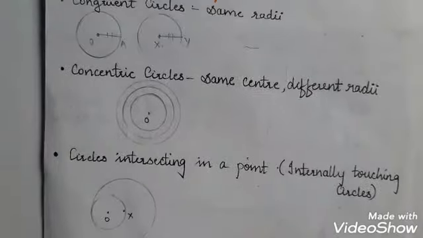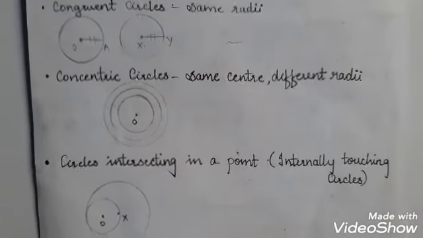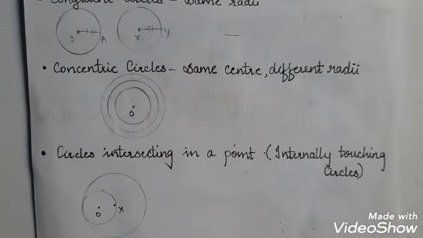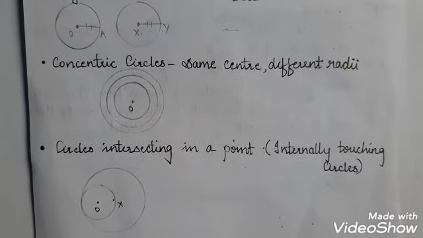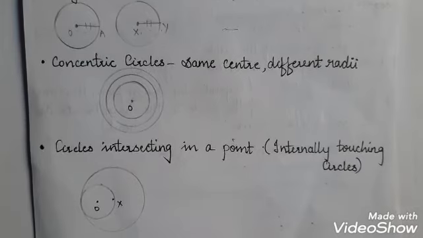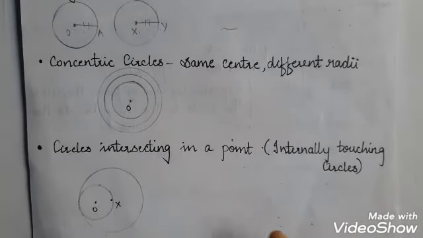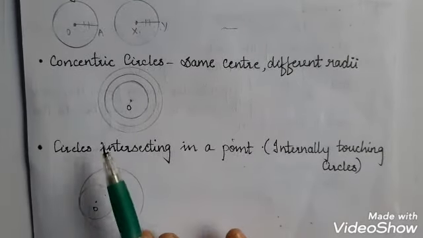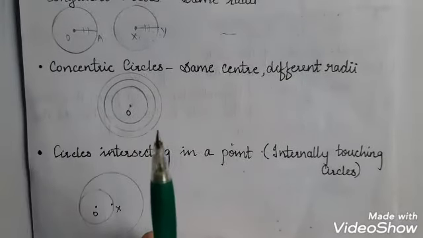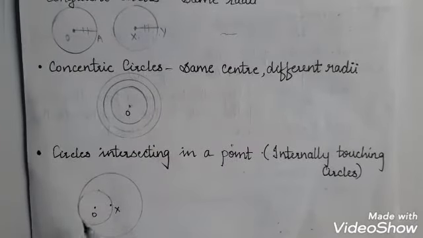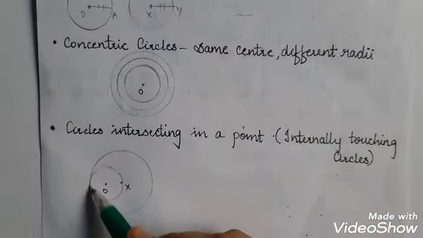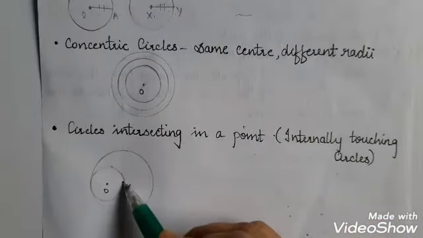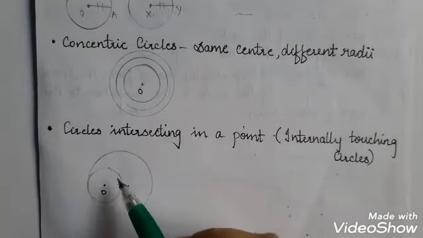Next, circles intersecting in a point. Now there are two types, one is internally touching circles and the other one is externally touching circles. First let us see the internally touching circles. Internally touching circles have two different centers. You can see point O is the center for the smaller circle and point X is the center for the bigger circle.